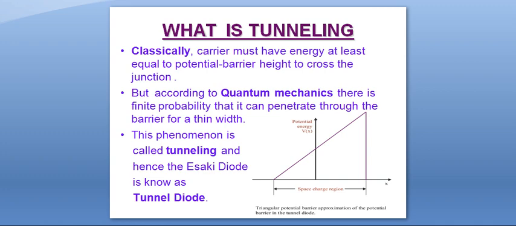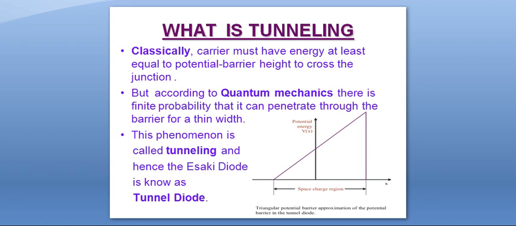But according to quantum mechanics, there is a finite probability that it can penetrate through the barrier for a thin width. This phenomenon is called tunneling, and hence the Esaki diode is known as a tunneling diode. This quantum mechanical behavior is referred to as tunneling.